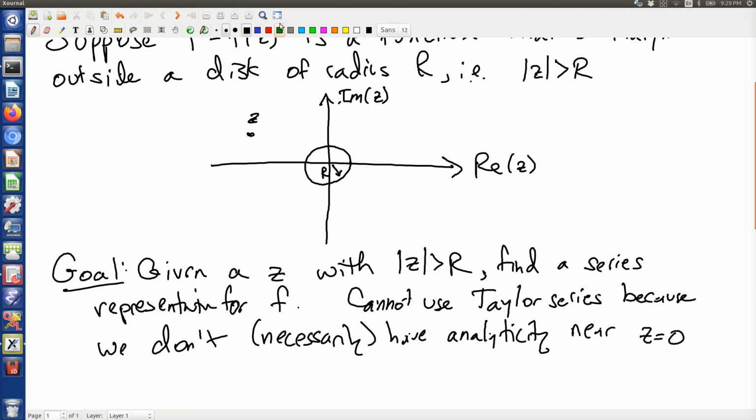And I should say the series we're after should be centered at z equals 0.